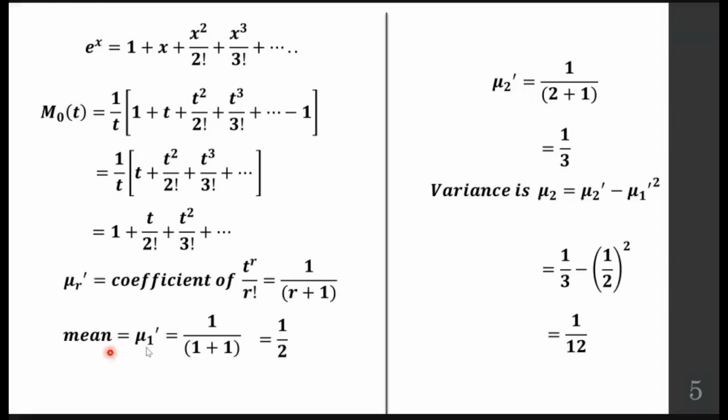Then our aim is to calculate the mean and variance. The mean is mu1 dash; we know mu r dash, so mu1 dash becomes 1/(1 plus 1), which is 1/2. Mu2 dash is 1/3. And the variance is mu2 dash minus mu1 dash the whole square, which is 1/12.